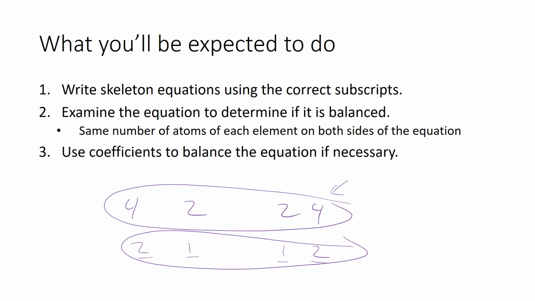So we always want that lowest whole number ratio when possible. Now, sometimes you can't go back and adjust just because of the way the subscripts are, but sometimes you do need to adjust to the lowest whole number ratio when possible, okay? We're going to get lots of practice with this.